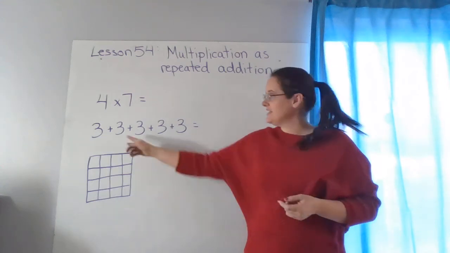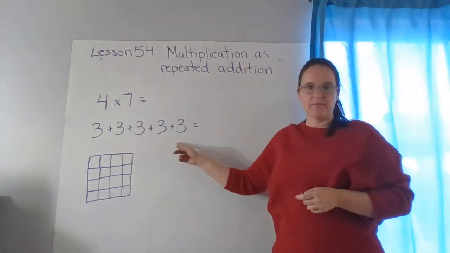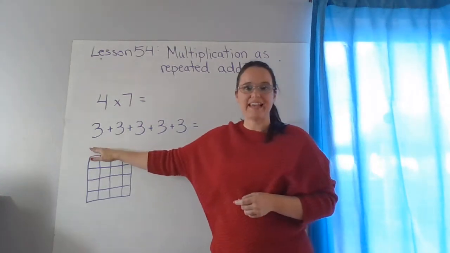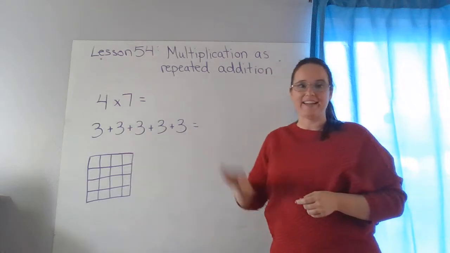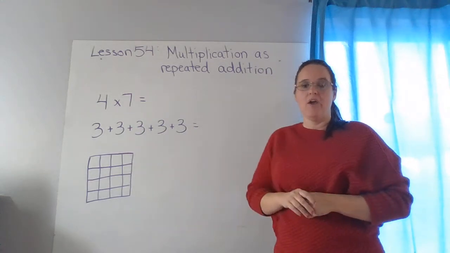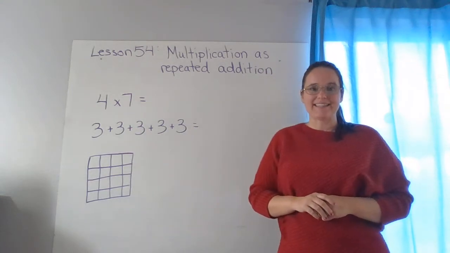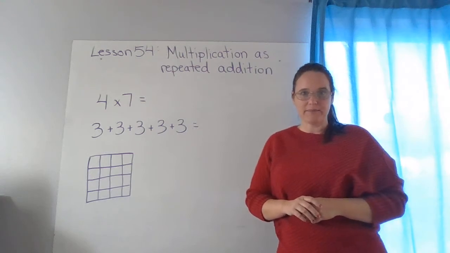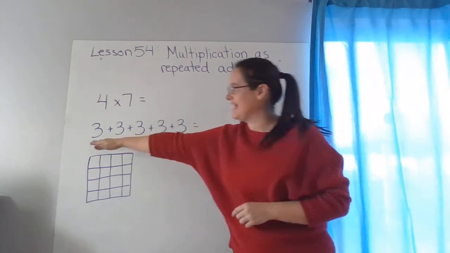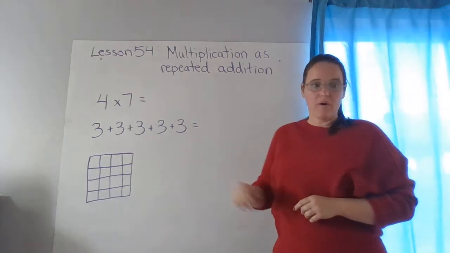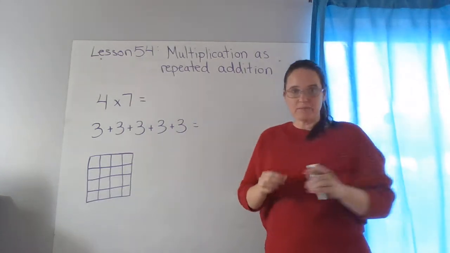So repeated addition, this is what I'm talking about when I say repeated addition, where I have the same number that I'm adding over and over and over again. Repeated addition is the same thing as multiplying. So I can write it like this, or I could write it as a multiplication problem.